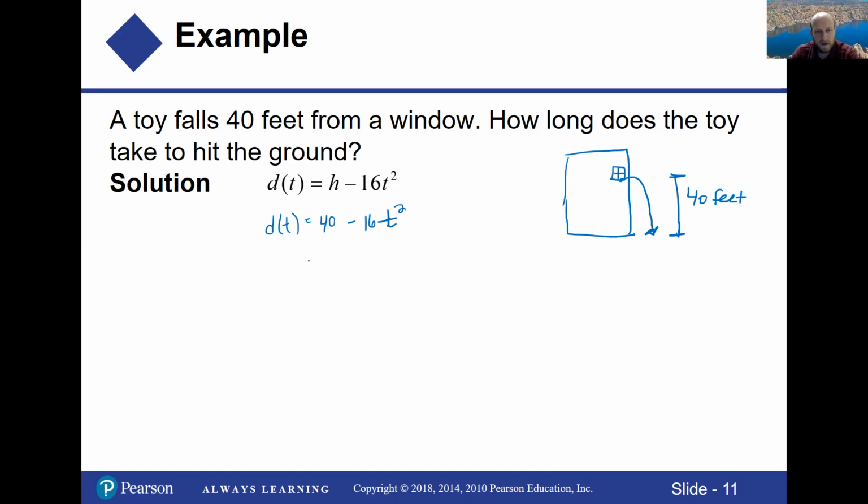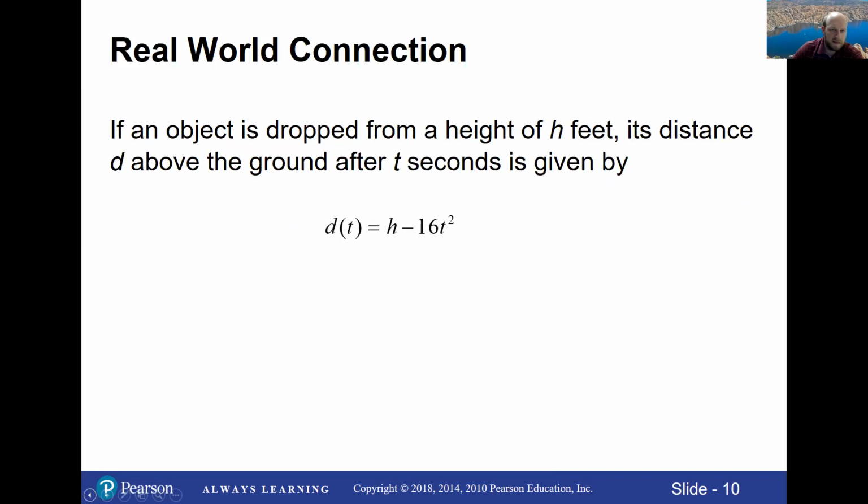Now this is looking like it's going to be one of those square root property problems, right? Because I have no t value. I just have d of t. Well, what is d of t? In this case, d of t is just 0 because I don't know it yet.